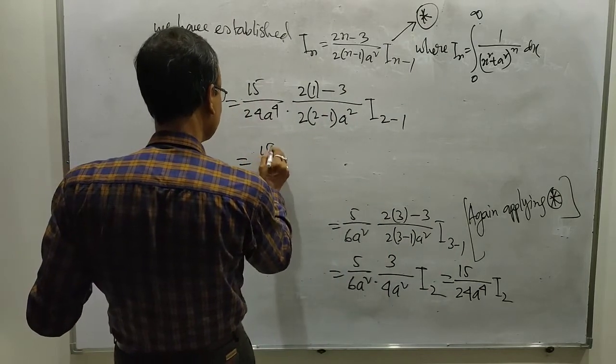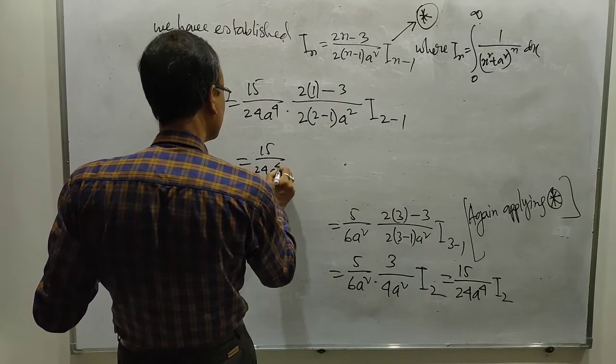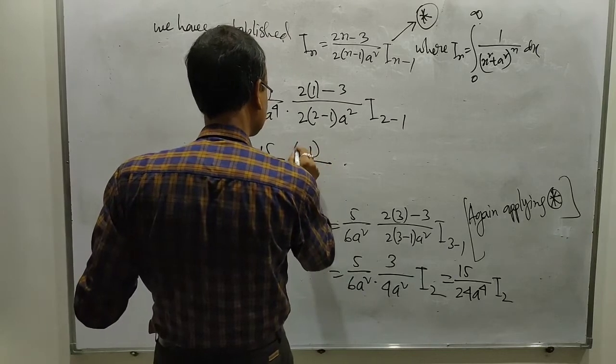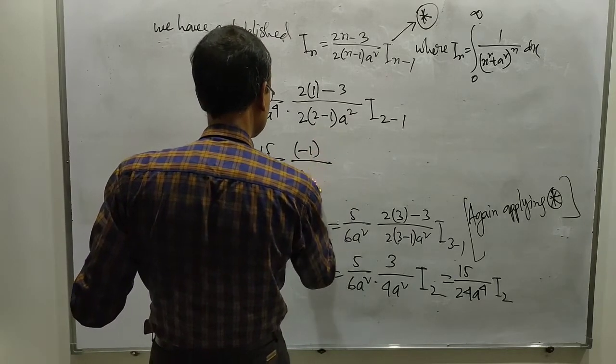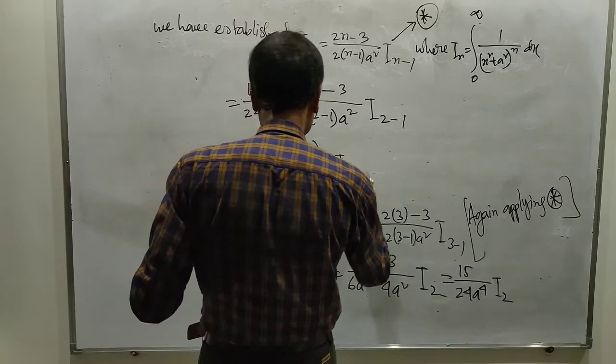This is equal to 15 divided by 24 a to the power 4. It should be minus 1, twice a square I1.